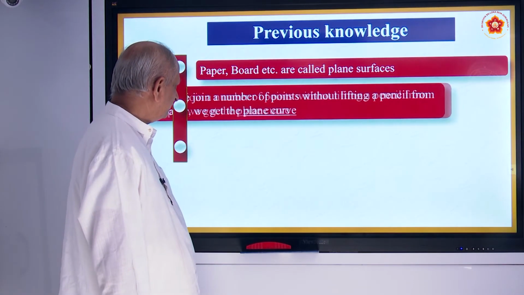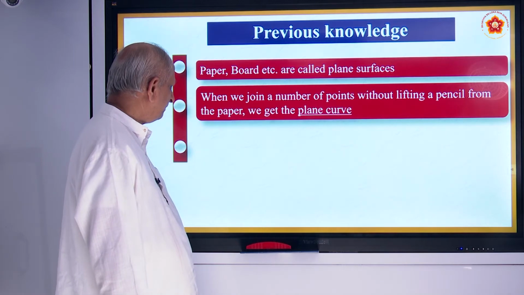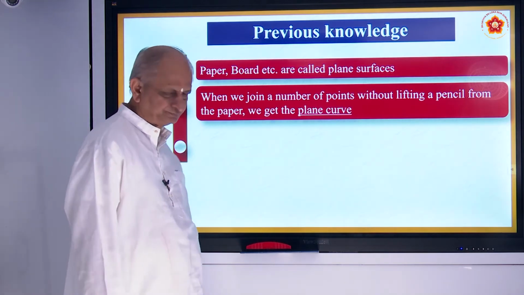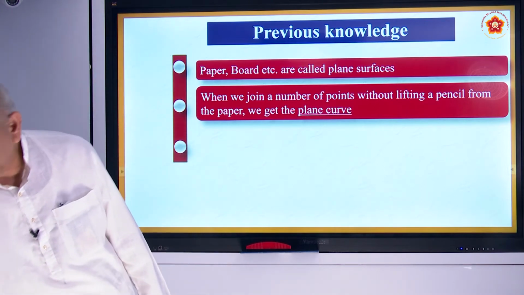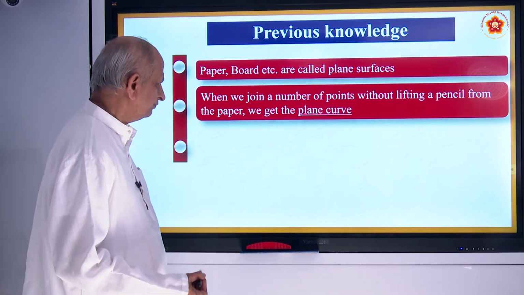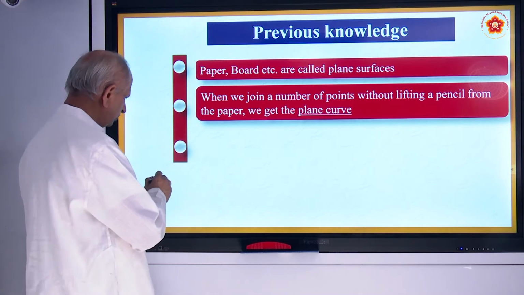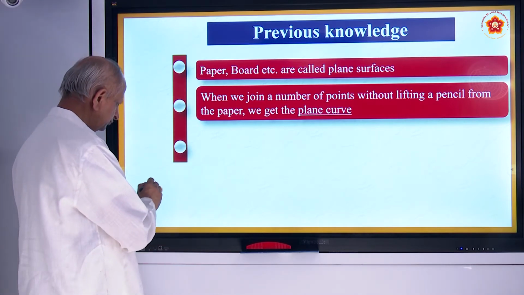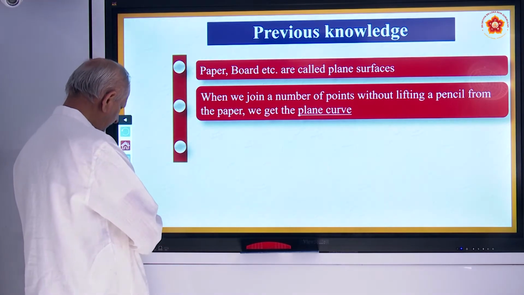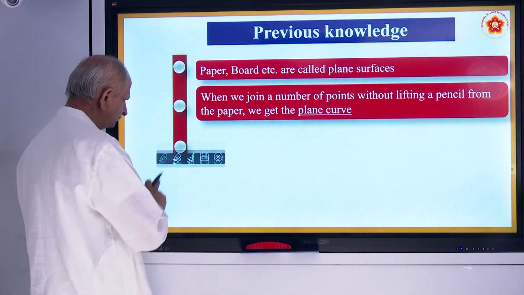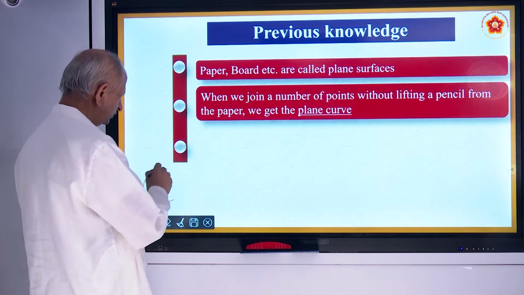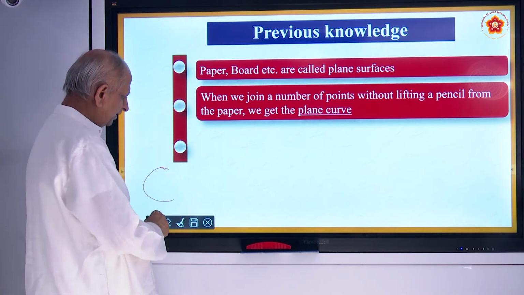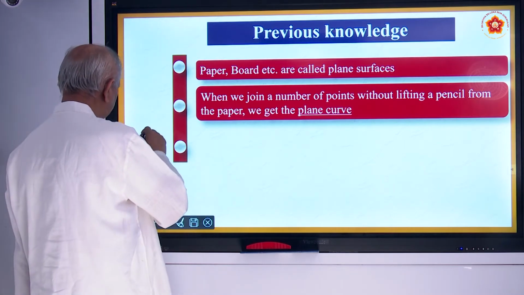And also we have studied in the previous class about plane curves. All the curves drawn on the plane are called plane curves. Suppose you draw a curve like this. This is called a plane curve, and this is called an open curve.